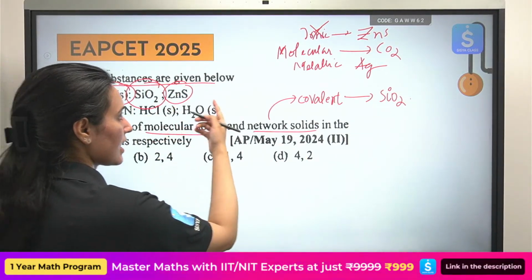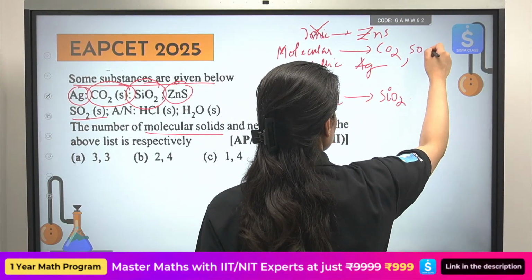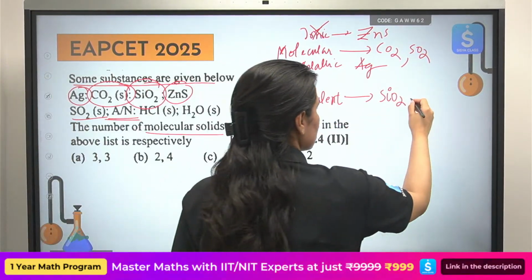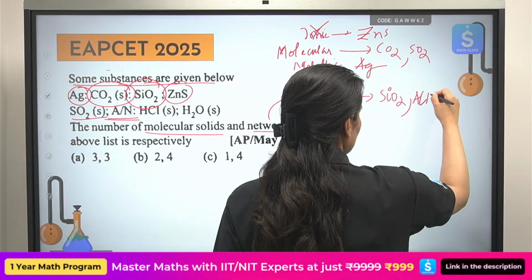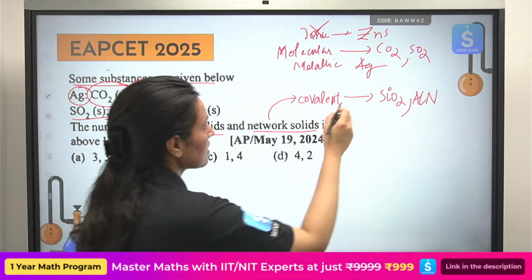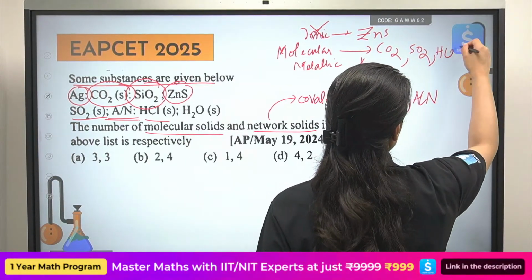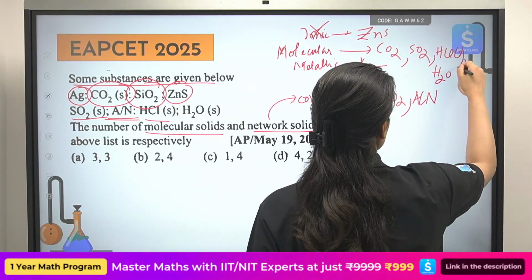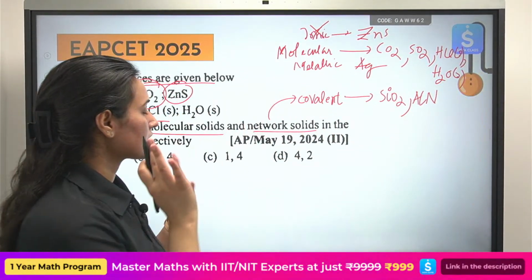SO2, again molecular. Aluminium nitride, covalent or network solid. HCl solid, molecular, and finally water. Okay, so this is your entire thing.